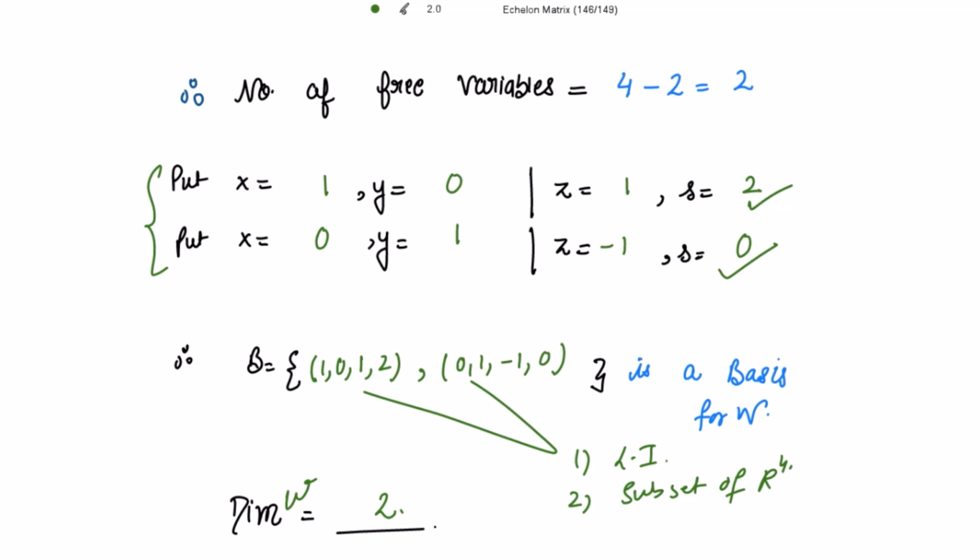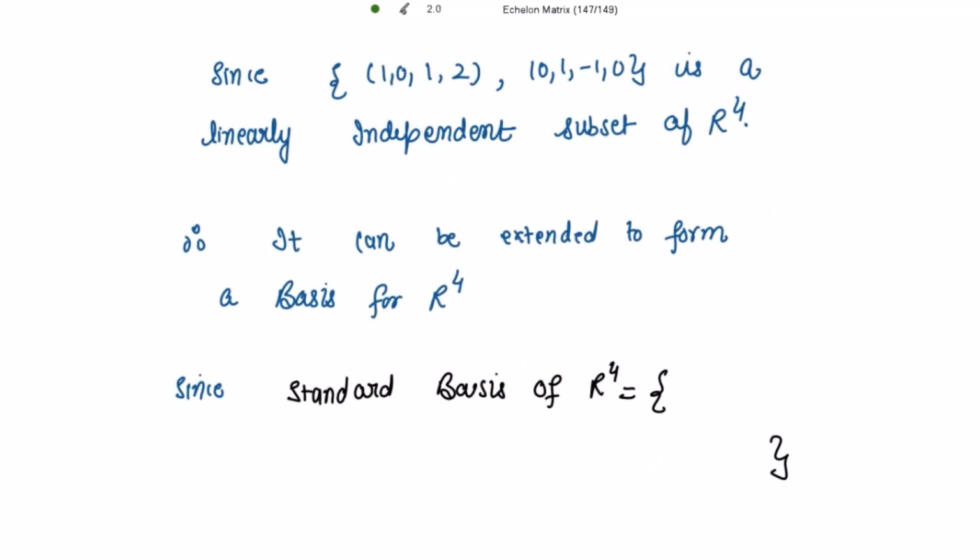For that, we need to find the generators of R4, right? So it is written that since these two bases is a linearly independent subset of R4, therefore it can be extended to form a basis for R4. Now to get the generators of R4, we need to write the standard basis of R4 first.